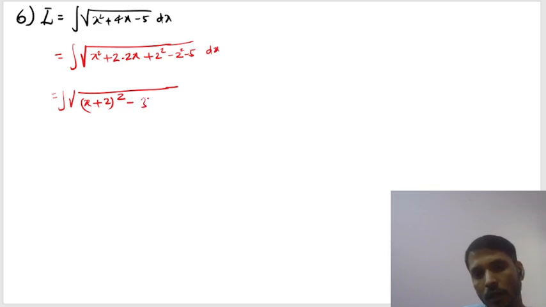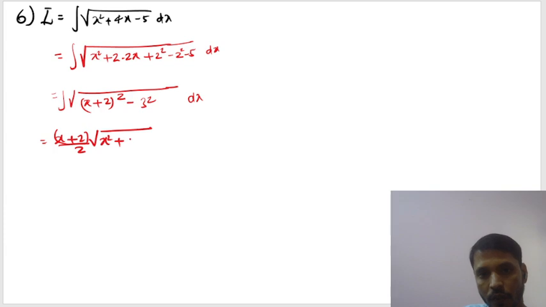So minus 9 we can write as 3 square into dx. So now we can apply the formula. It will become (x plus 2) by 2 and the complete given question as it is, that means x square plus 4x minus 5.